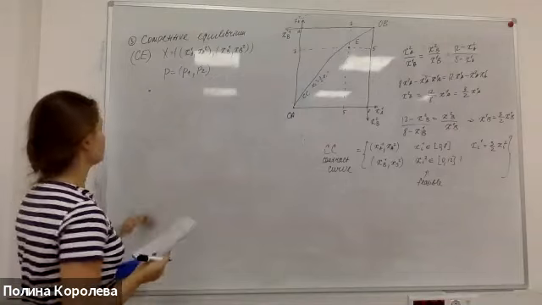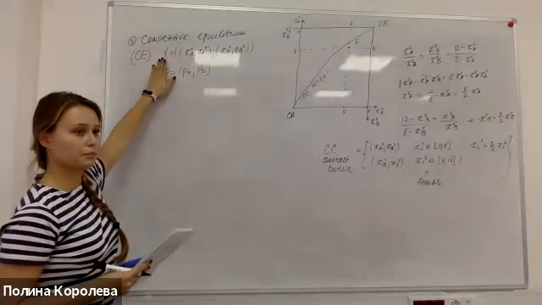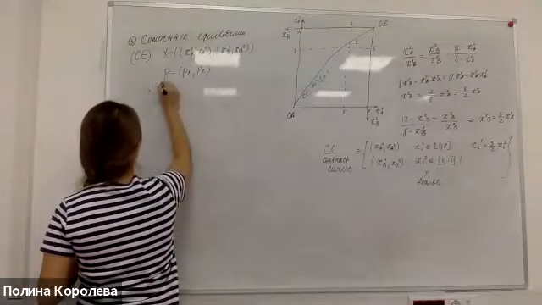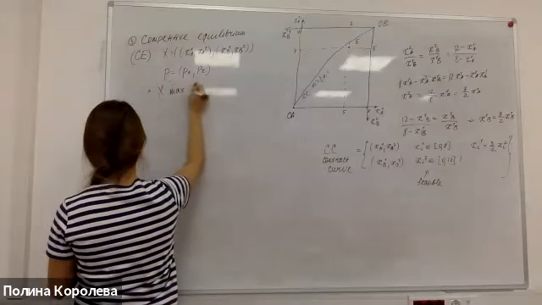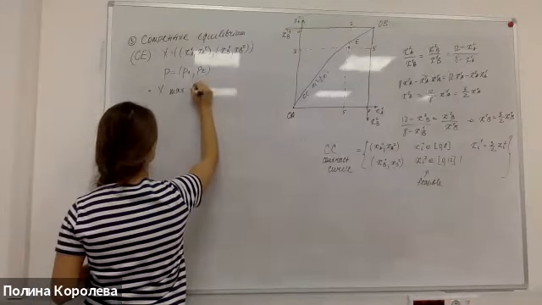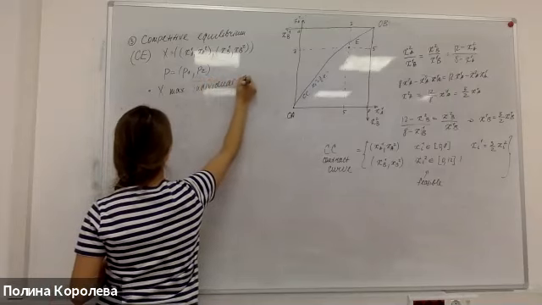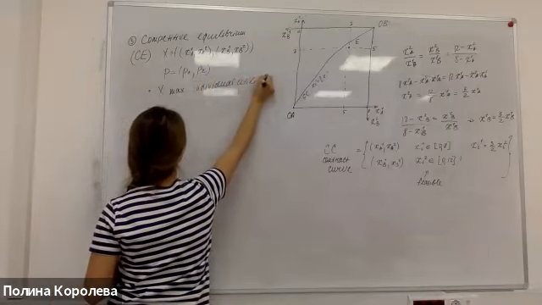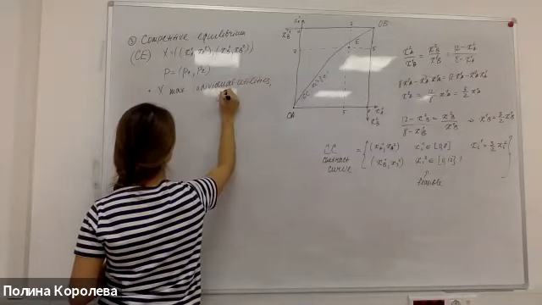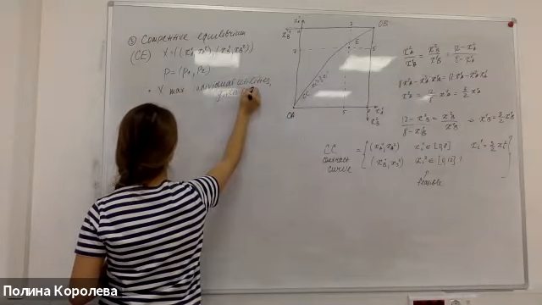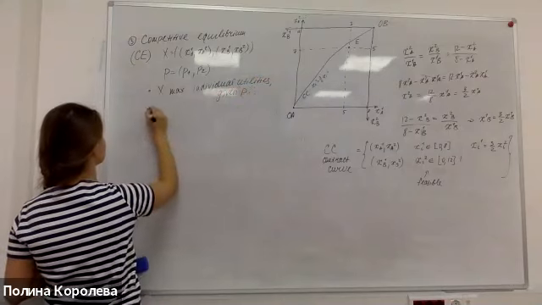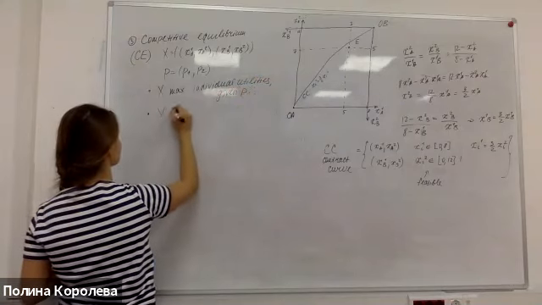Yes, and this allocation is feasible for us. X maximizes individual utilities given the price vector, and this allocation is feasible.